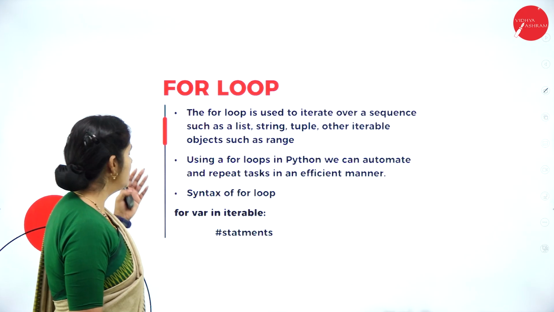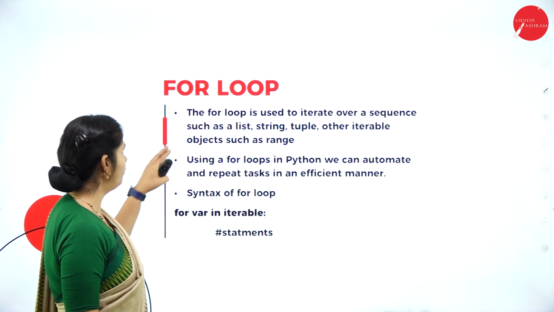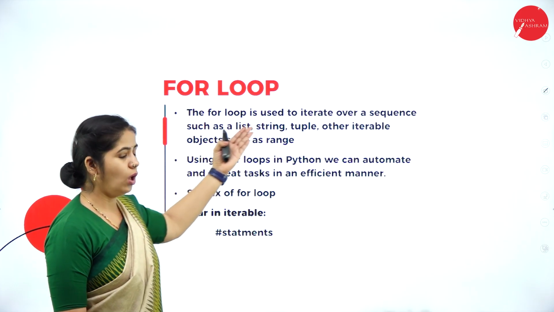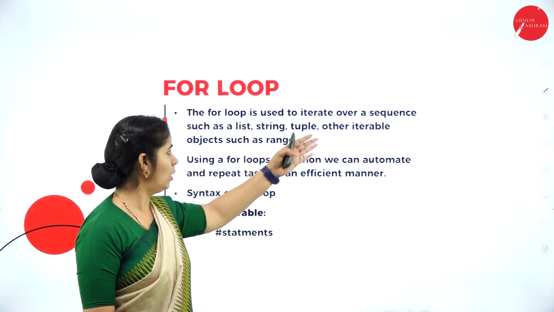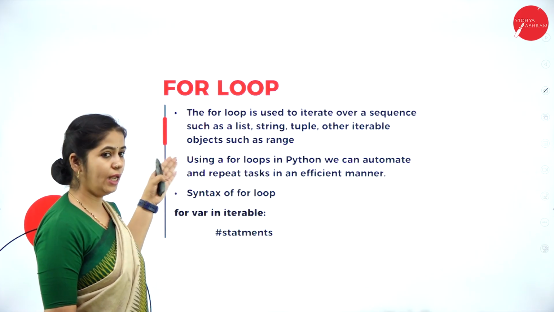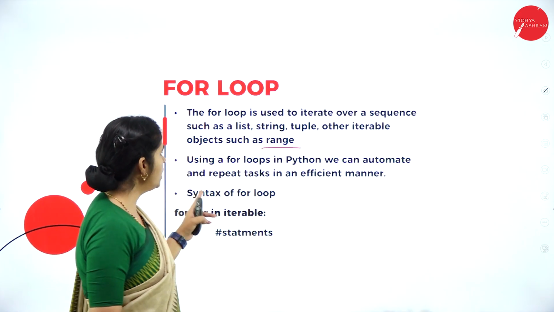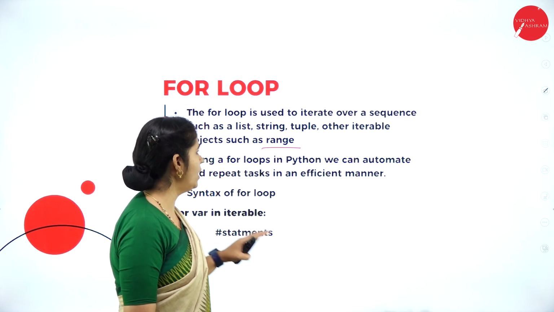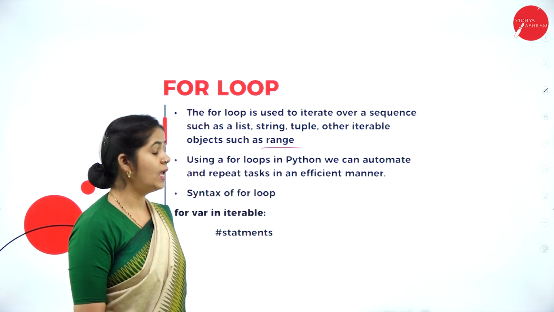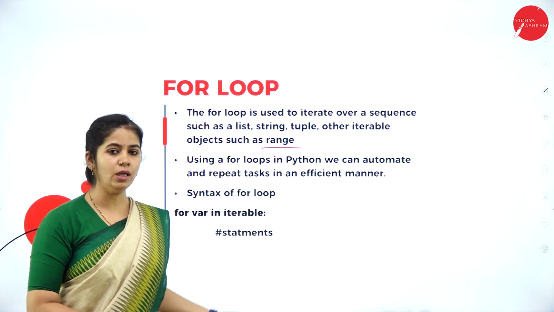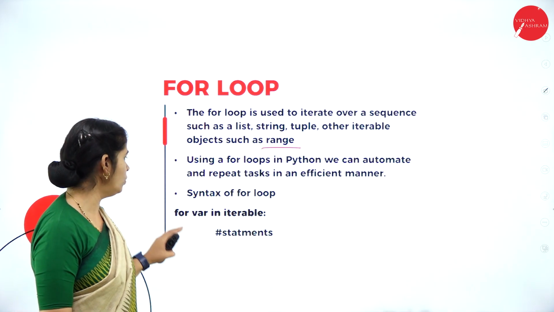We'll see examples with the syntax. A for loop is used to iterate over a sequence such as a list, string, tuple, or any data type object such as range also. Using a for loop, Python can automate repetitive tasks in an efficient manner. How are we repeating? Using the for loop.